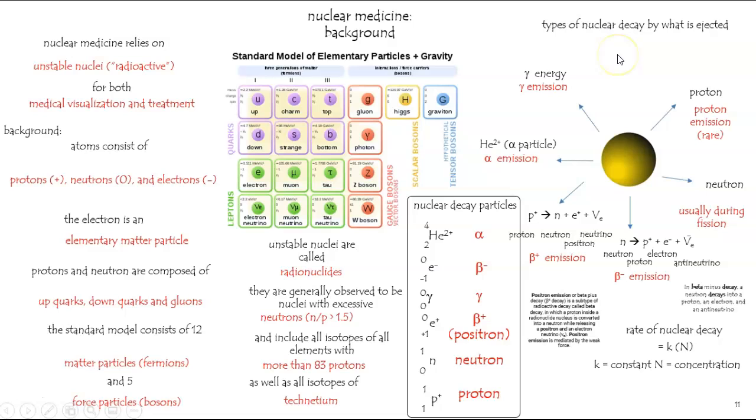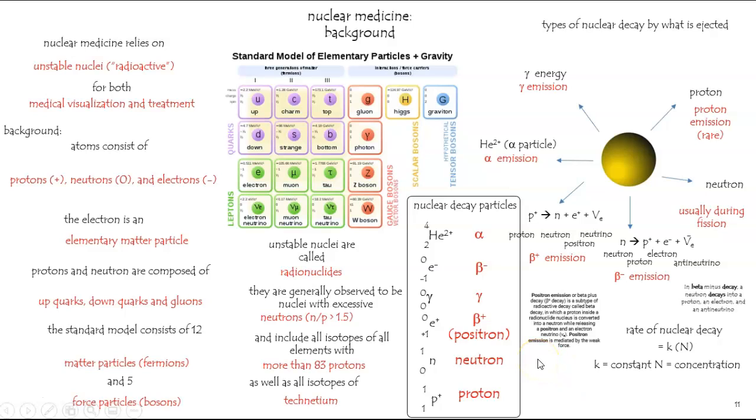Regardless of the type of decay, we can measure its rate. It's got to be equal to some constant times its concentration. A low number would mean a slow decay. A big number would mean a fast decay.